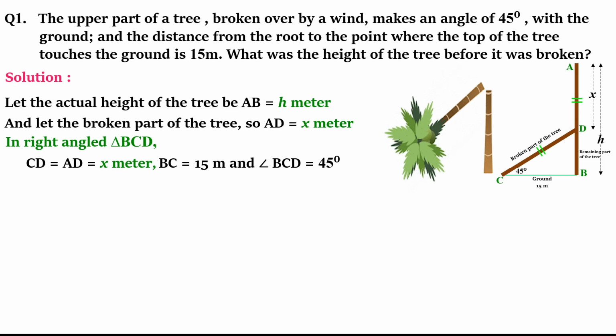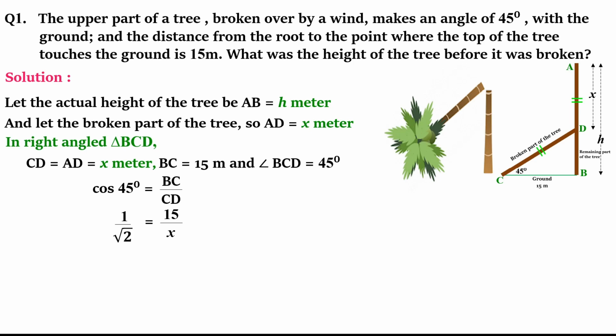using that T ratio. Now you can see in the figure, I know BC is the base, and I know CD, which is hypotenuse. So which T ratio we will use? Yes, cos 45. Cos 45 is base upon hypotenuse. So we have written BC upon CD, and now we will substitute its value. Cos 45 is a standard angle, so we will substitute its known value.